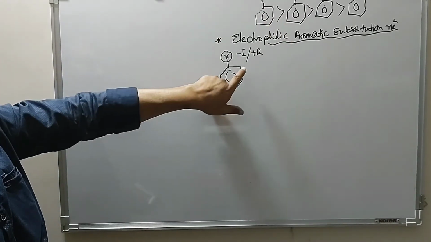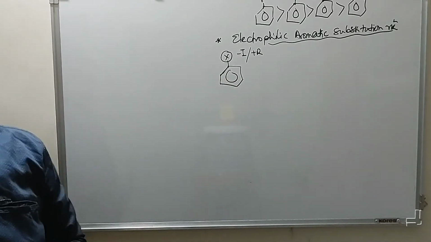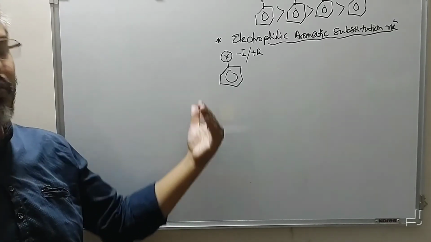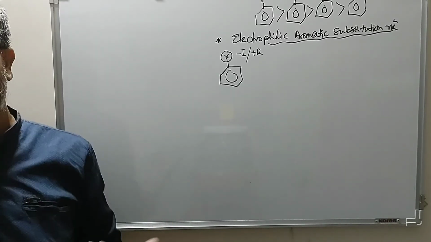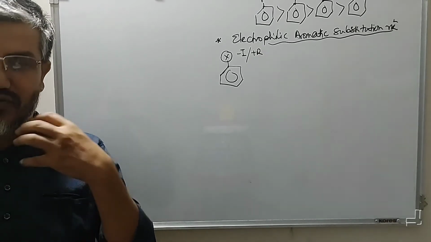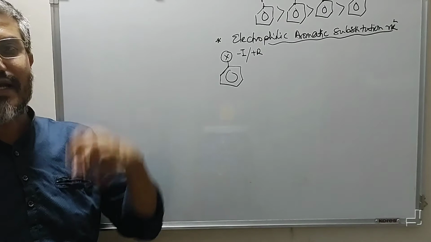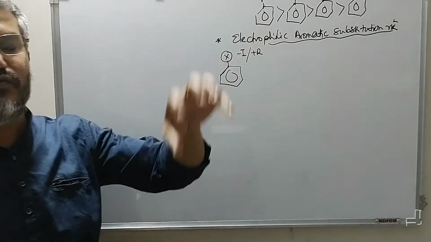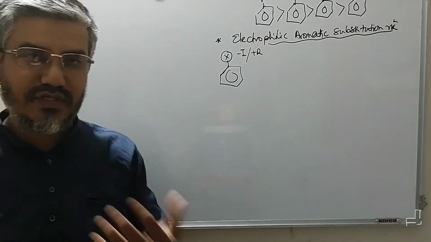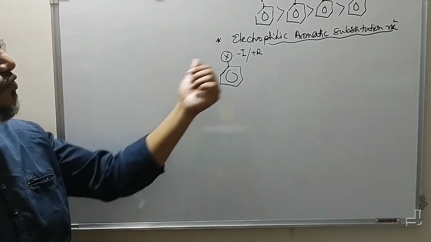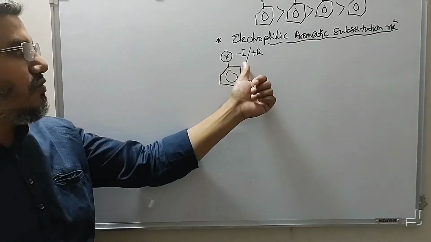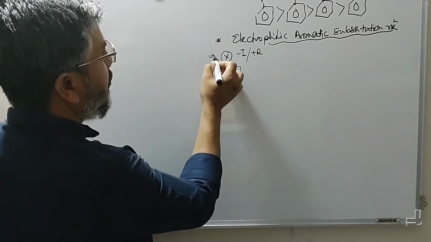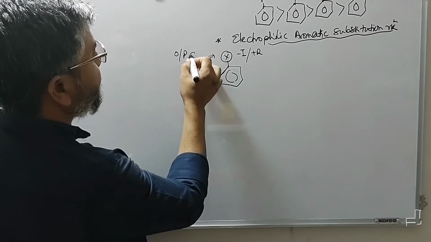So normally we say the halogen attached to the benzene ring shows electron withdrawing character. Because of the withdrawing character, this is a deactivating group, meaning the reactivity of halobenzene towards this substitution reaction is always less than the reactivity of benzene. But due to resonance, electron density at ortho and para is increased. So this group is an ortho para directing group.